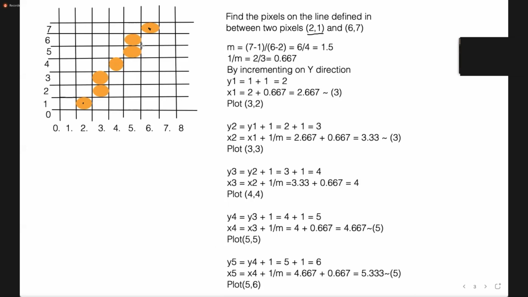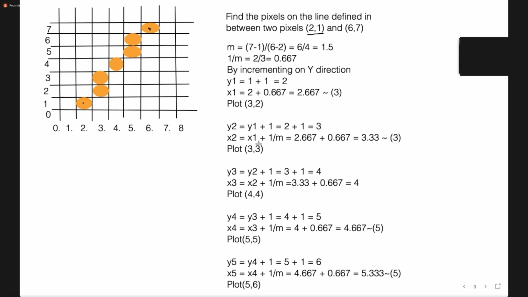Because x is 5, y is 6. The next one is definitely going to be this one going to 6, this one going to 7. So therefore 6 comma 7, you can calculate that one. Then this one is here.